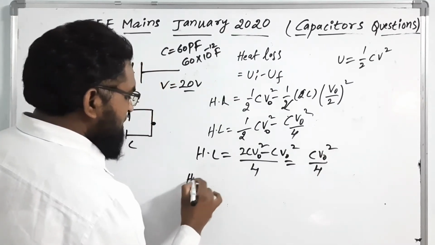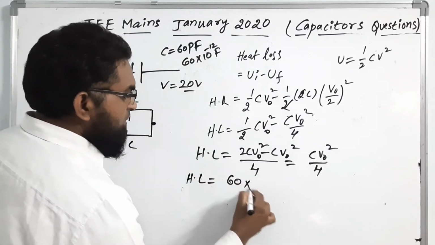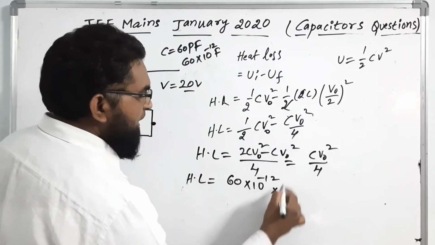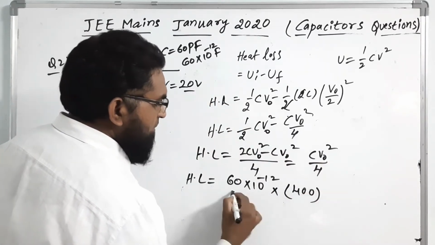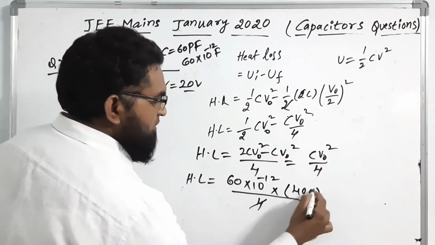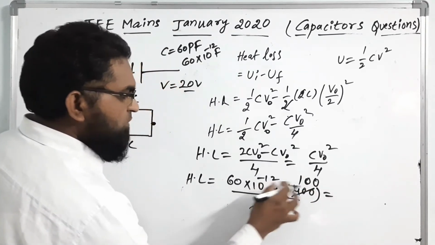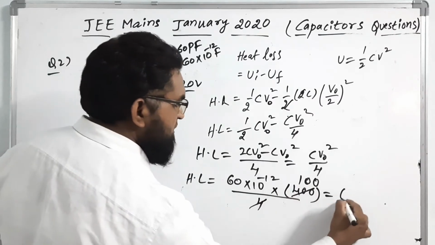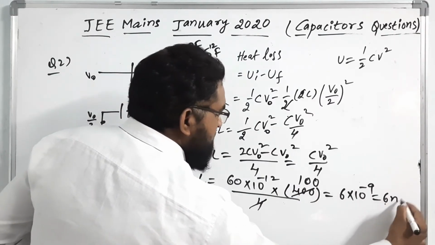So we know the values: C is 60 into 10 to the power of minus 12, and V naught square is 400, divided by 4. So 4 ones are 400s. Okay, clear this one. So the answer is 6 into 10 power minus 9, which is 6 nanojoules.